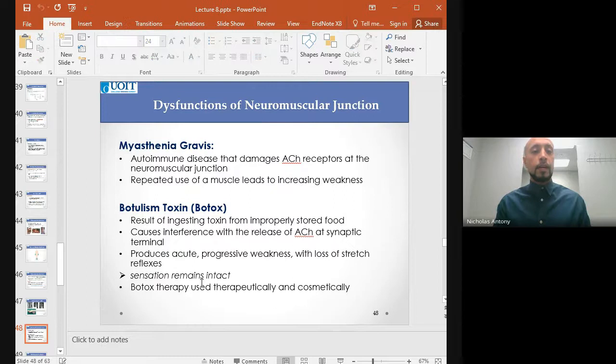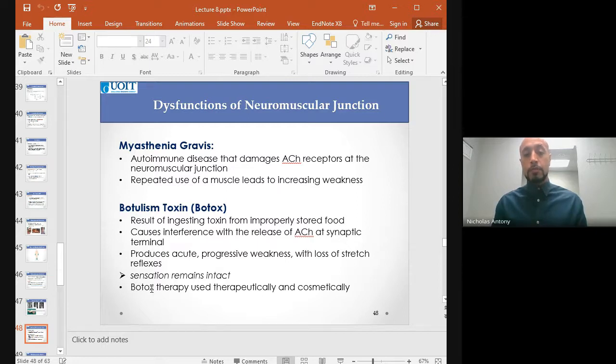And then botulism can happen when ingesting food with the botulism bacteria in it, and then the toxin it generates is affecting the acetylcholine receptors. Has anyone ever had Botox?